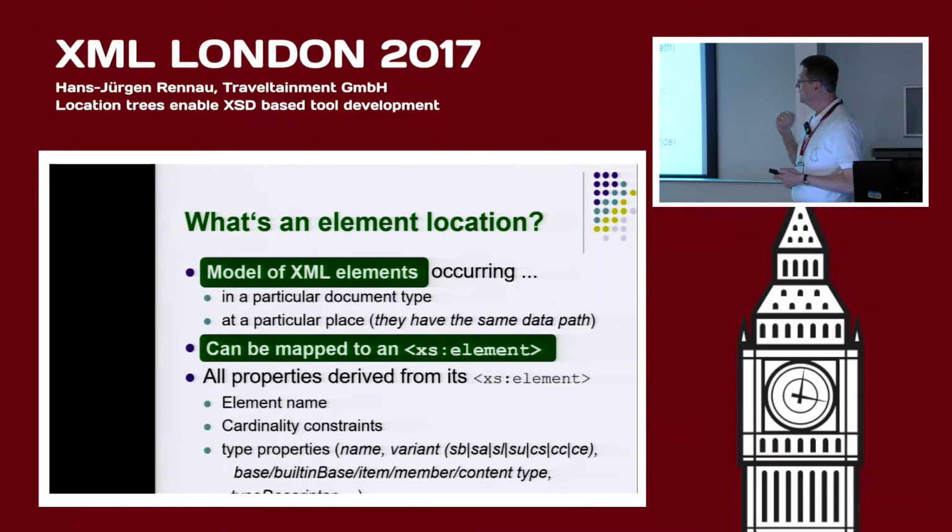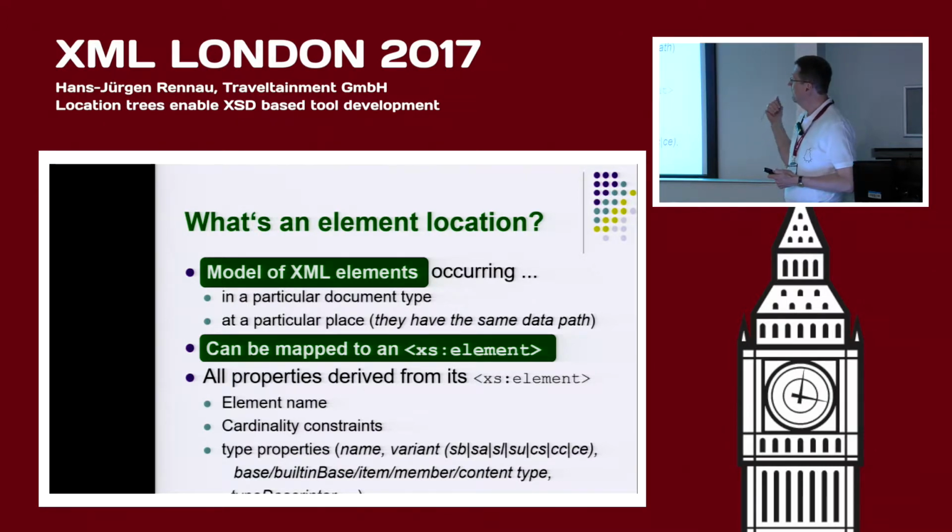And it's also interesting to note that this unambiguous mapping of an element location to an element declaration, the declaration in the source schema, the location in my document model, this mapping cannot be inverted. An element declaration in the schema can be used by many element locations in my model, or perhaps by no element location at all.